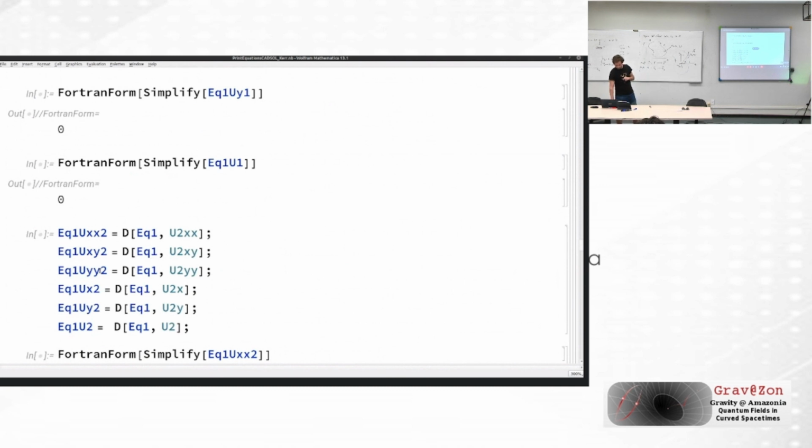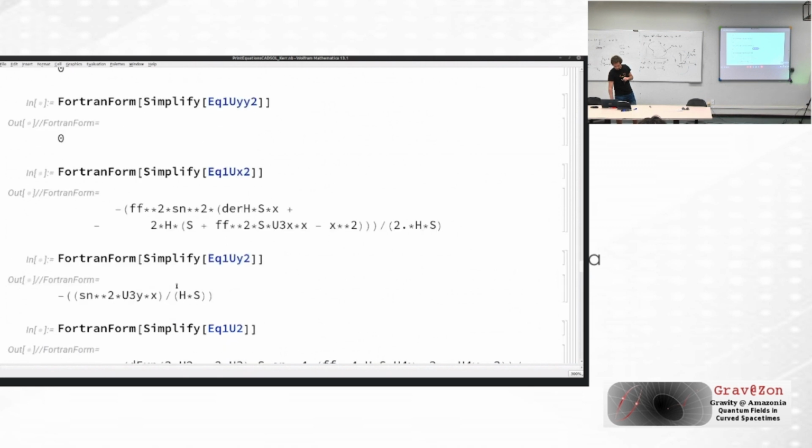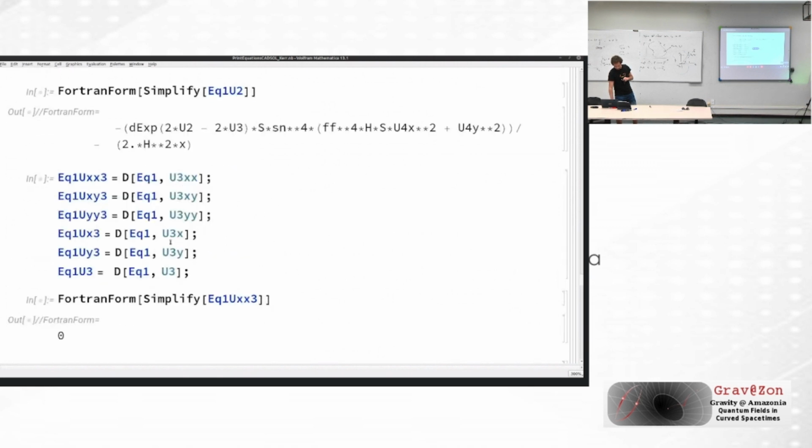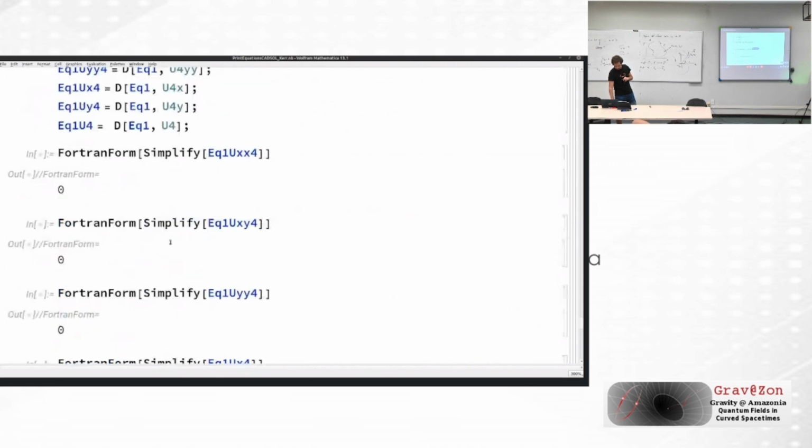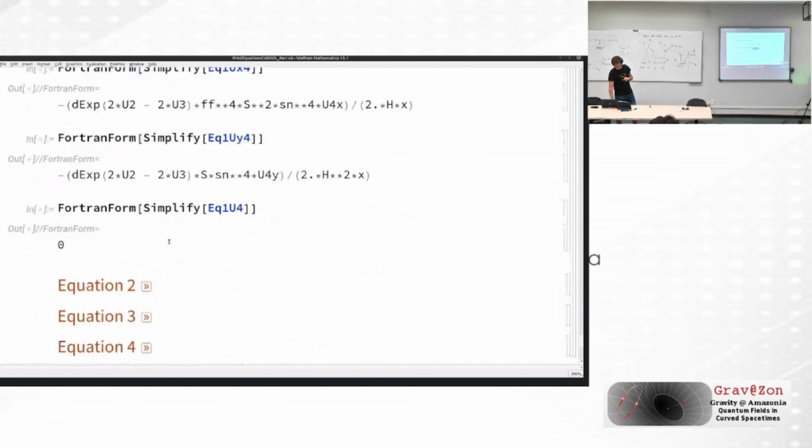Here, for example, you have equation 1 with function 2 and its derivatives, then the same for function 3 and then function 4. Then you have to do exactly the same for the second equation, the third, and the fourth. So you can see that it starts to pile up a lot of equations. But you do this so that you can then copy it to the Fortran file and everything is well defined.